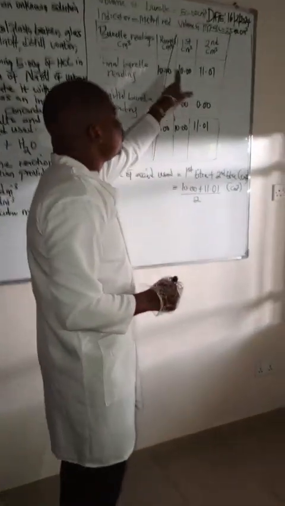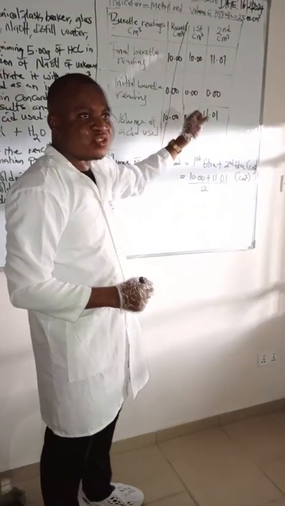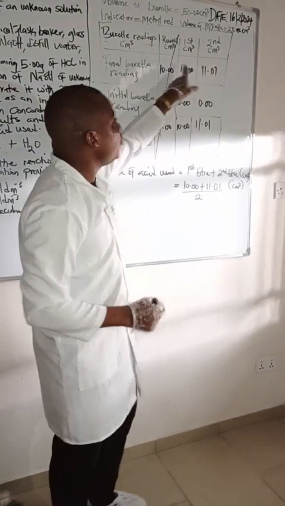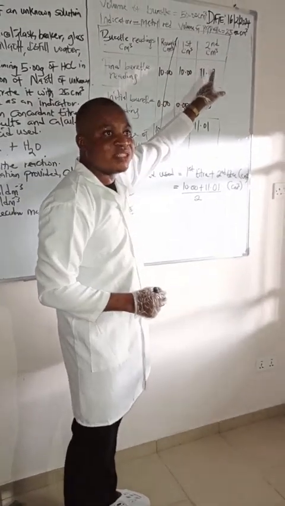We are dividing it by 2 because we are making use of two concordant titre values, the first and the second direct reading.